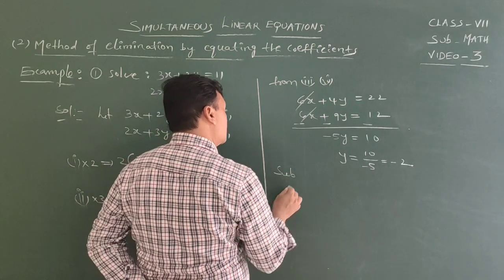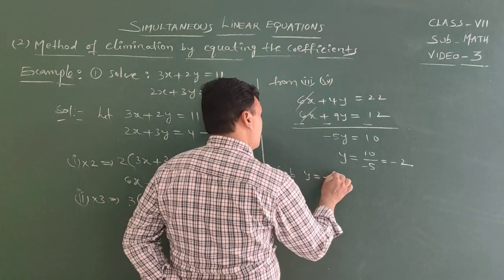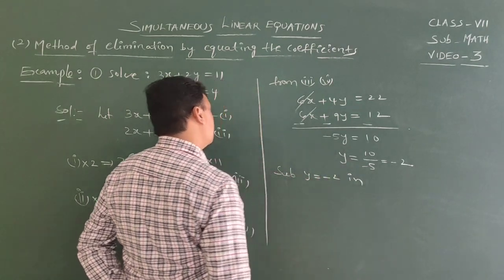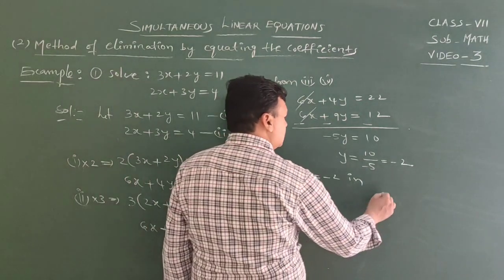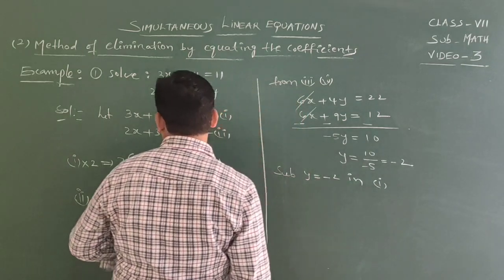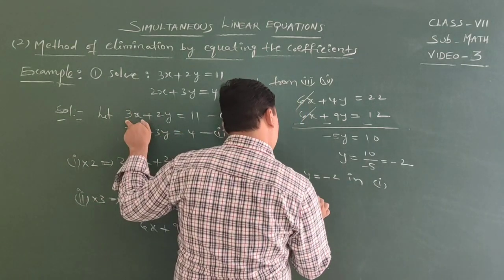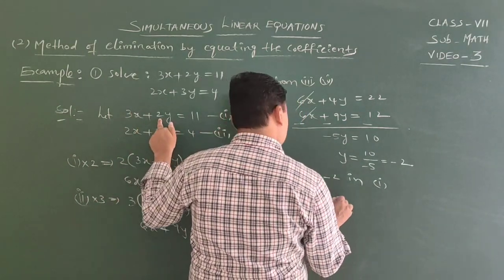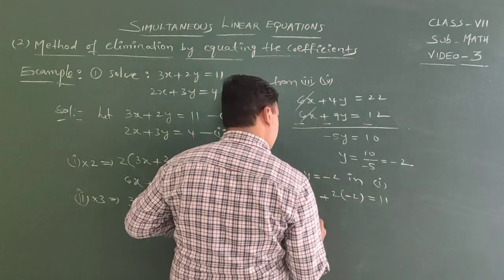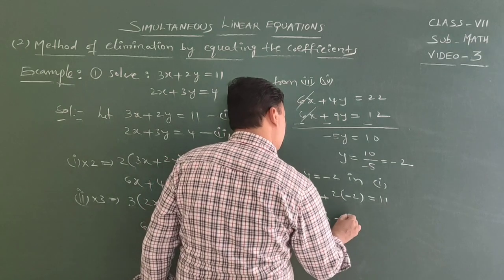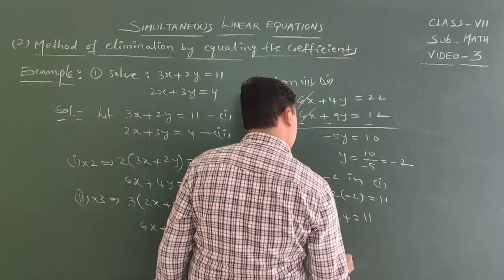Now substitute y equal to minus 2 in first or second equation. In first equation, 3 into x plus 2 into minus 2 equal to 11. Here 3x minus 4 equal to 11.